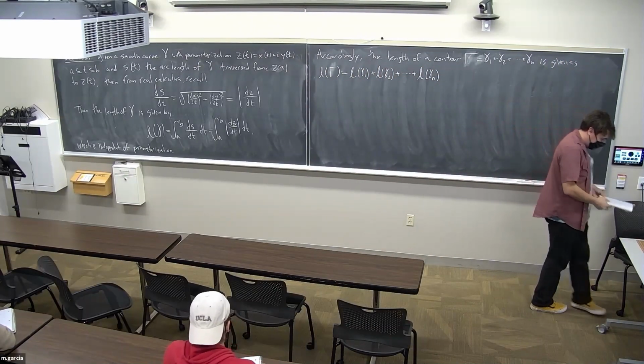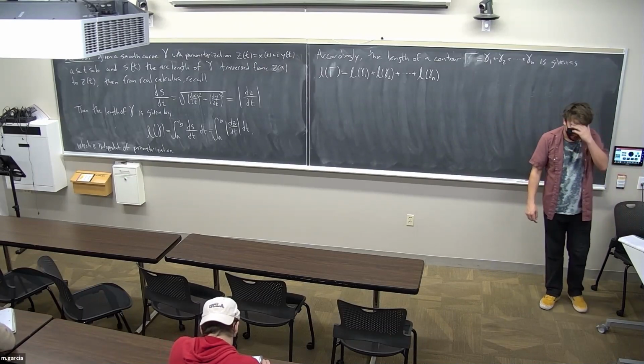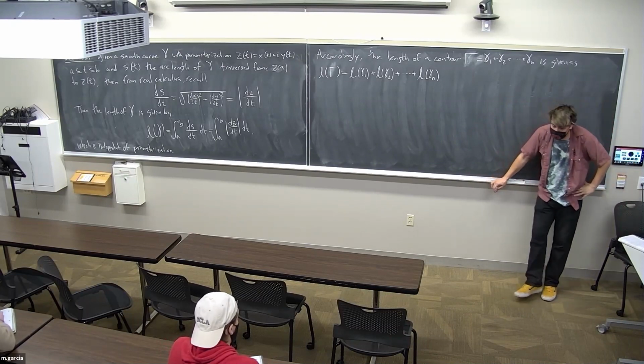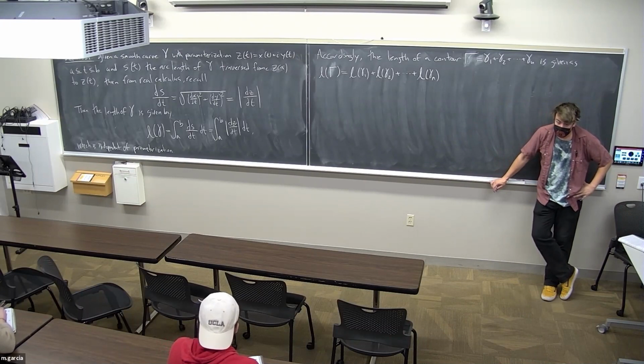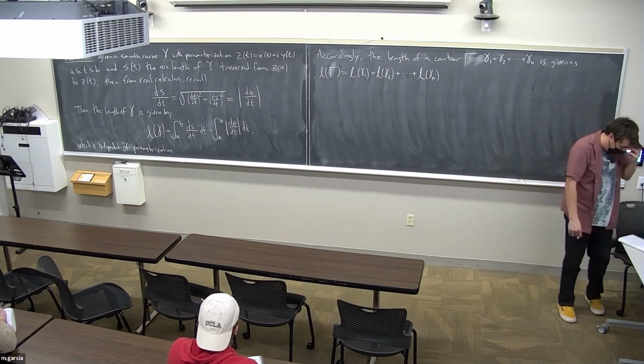Okay, so this is just a lot of terminology and machinery that we'll now use to define the integral of a complex function along a contour. So why do we go to this trouble?